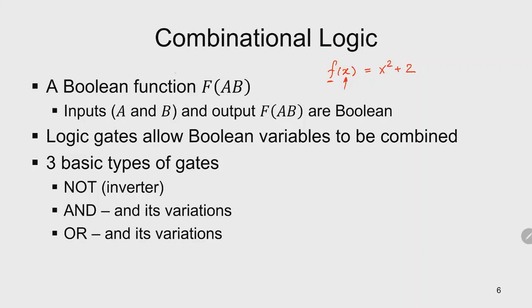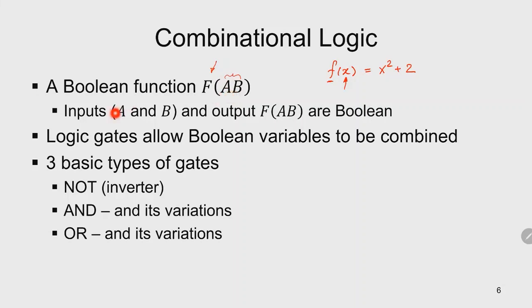In Boolean algebra or Boolean functions, again, we have a function f, and then we have the Boolean variables. So these are the two variables that the function depends on.